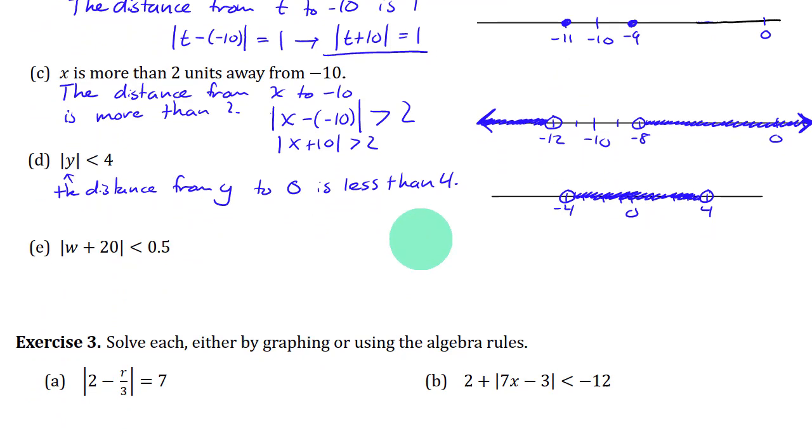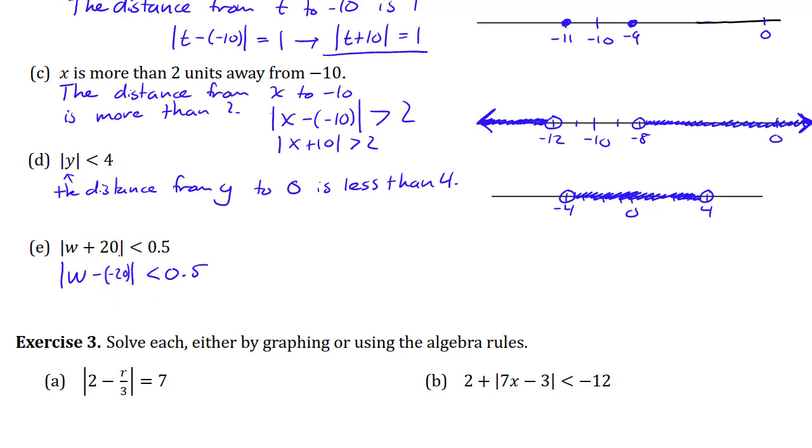All right. This one, I'm going to write this as, let's see. This doesn't say w minus something, but if we want to use this rule where w minus something in absolute value is a statement about distance, we've got to write it as w minus something. But what's going to go here? Well, I want it to be the same as w plus 20. So what you can do is w minus negative 20.